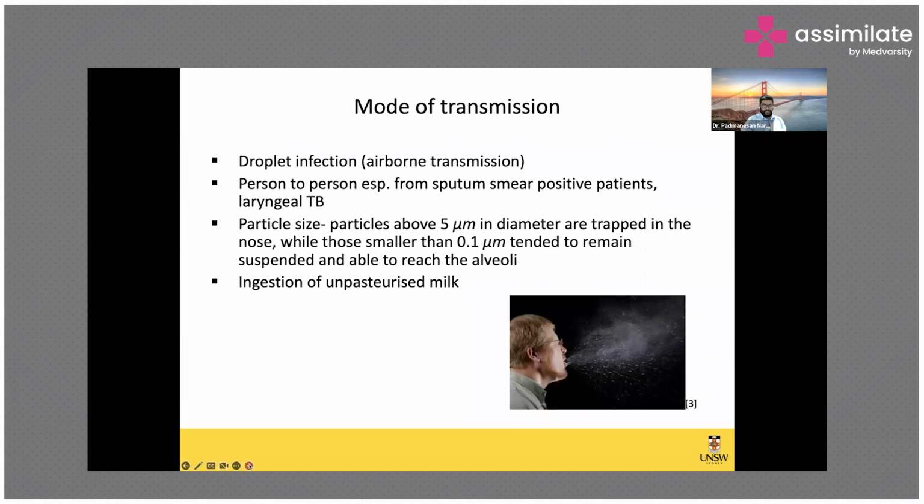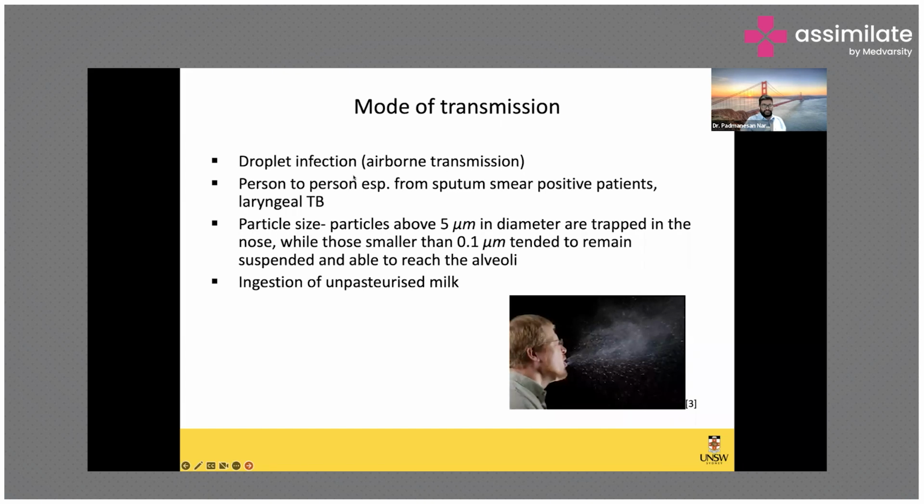Droplet infection is the usual mode of transmission. Person-to-person transmission usually occurs from sputum smear positive patients and laryngeal TB. Particles of size less than 0.1 micrometer tend to get suspended, and they are able to reach the alveoli.